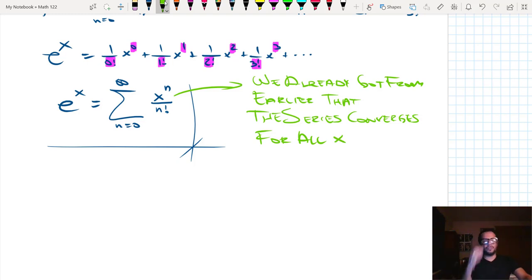What does that mean? Well, yes, we can plug in any number for x and we are going to have a convergent series. Now we have f of x equals e to the x.